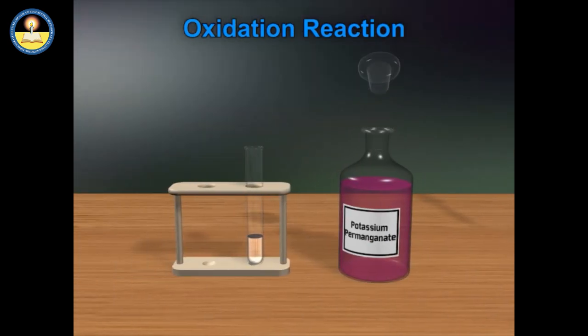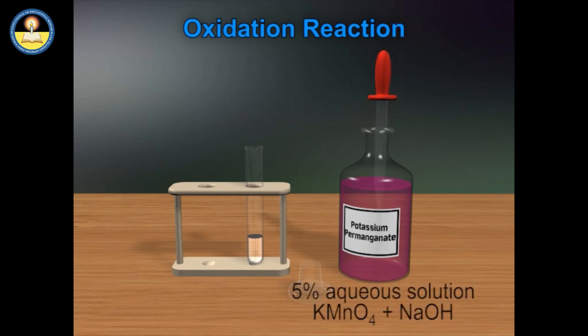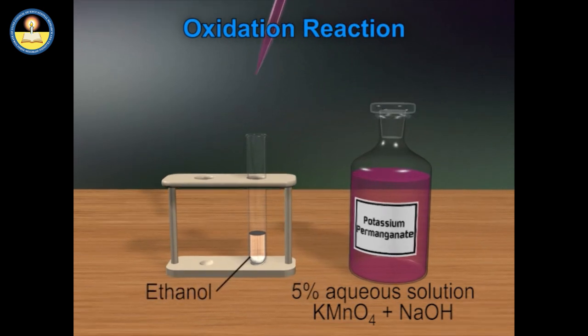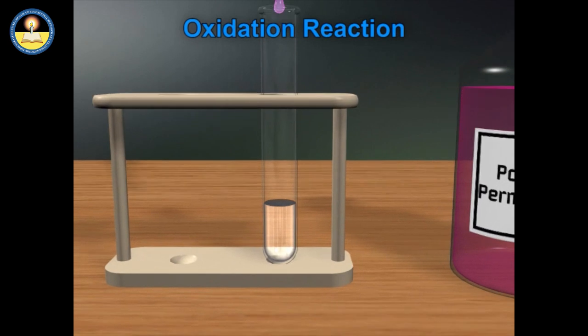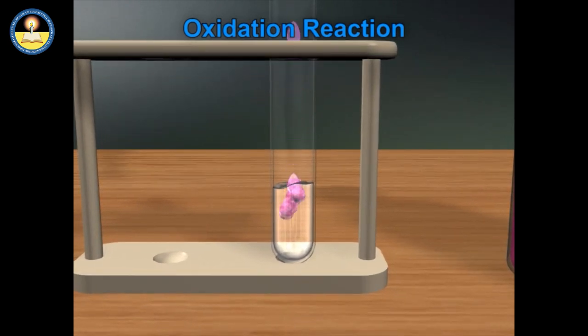This reaction can be carried out by adding 5% aqueous solution of potassium permanganate in the sodium hydroxide solution to ethanol dropwise till the purple color of potassium permanganate solution no longer disappears.